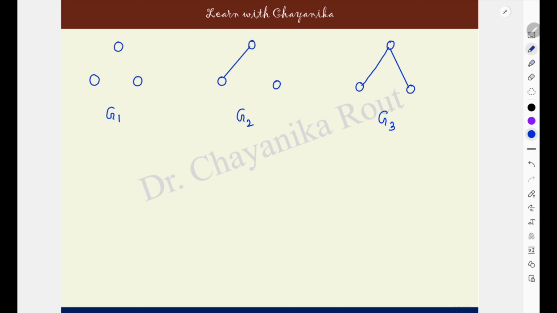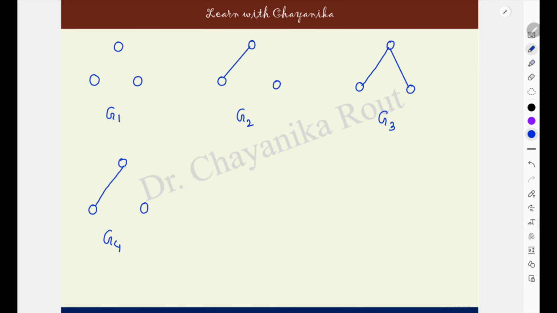So all these 3 graphs, G1, G2 and G3, are mutually non-isomorphic to each other because all of them have different size. You are basically searching for graphs which are non-isomorphic to each other. So whatever next graph I am going to draw, G4, it would be such that it is non-isomorphic to each of the previous graphs G3, G2 and G1. So what else can I do with 3 vertices?